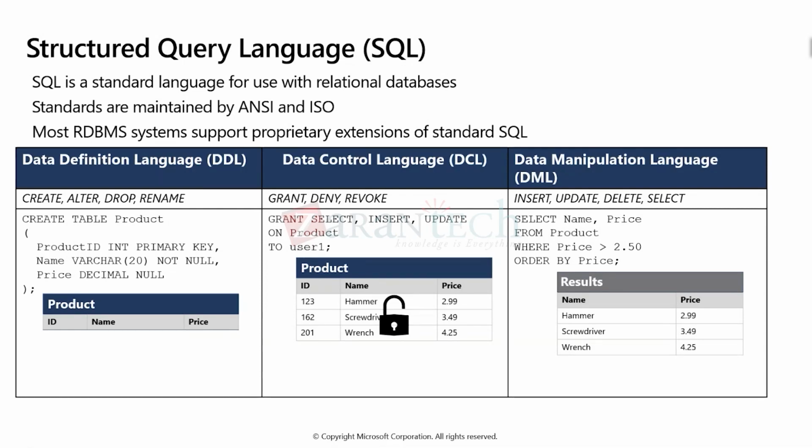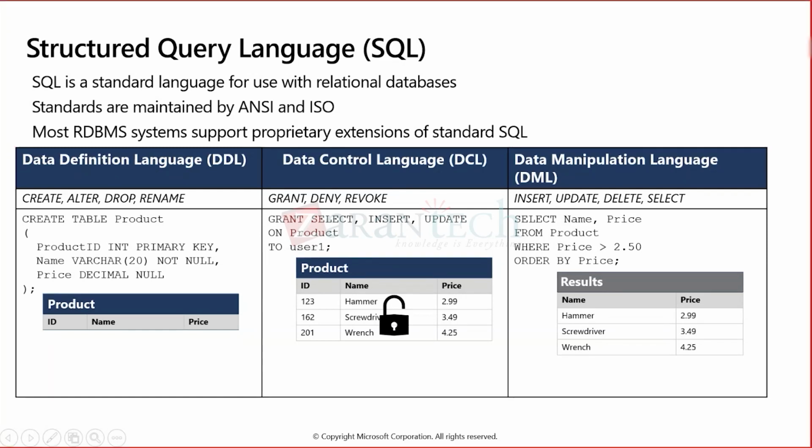The SQL statements are grouped into three types: DDL, DCL, DML. You can use Data Definition Language, DDL, statements to create, modify and remove tables, like create, alter, drop, rename.